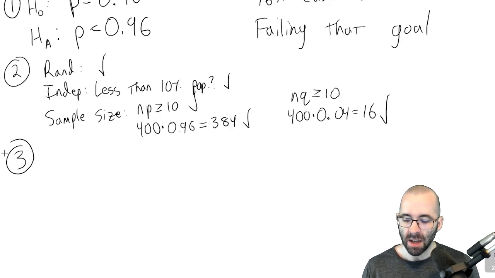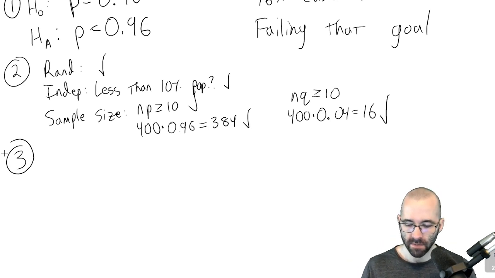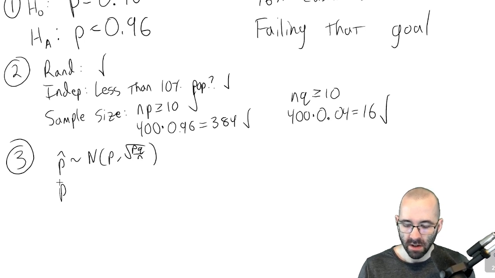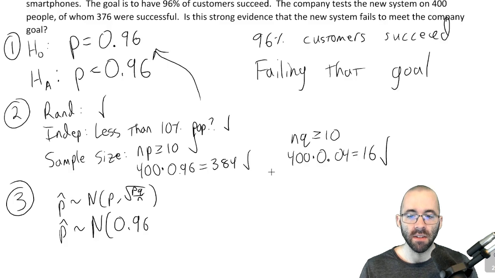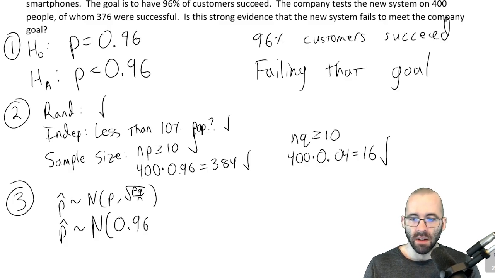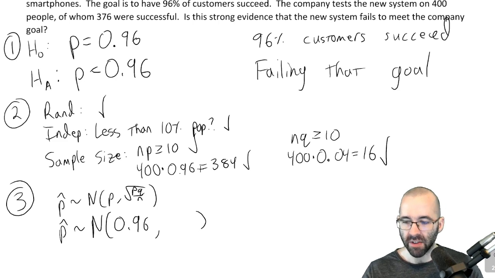Now let's set up the sampling distribution and do our test statistic. So we know p hat is normally distributed with a mean of p, standard deviation square root of pq over n. We just fill in the blanks now. P, we said we're assuming that P is 0.96. Now just type in the calculations to find out what our standard deviation should be.